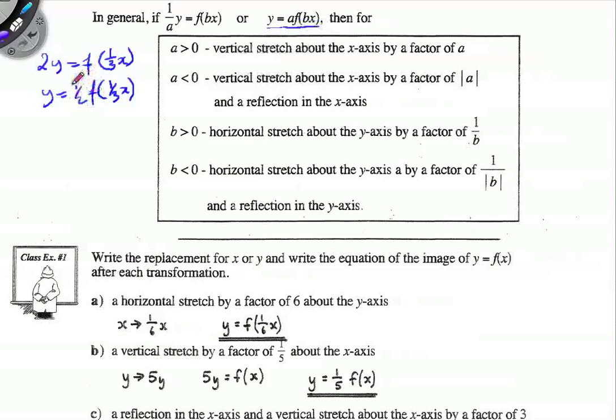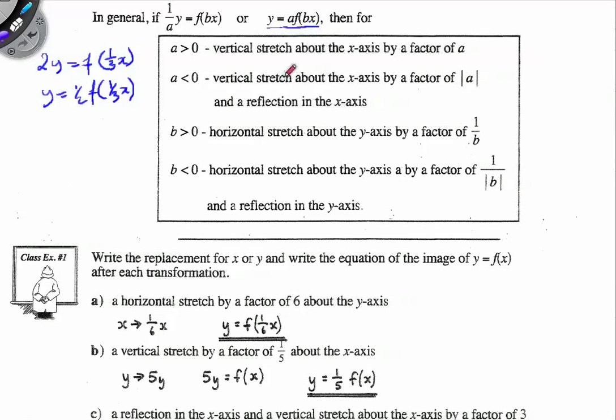So this actually does what you'd expect. It is a vertical, but it's by a factor of 1/2, so it's a compression. You're compressing it by 1/2. This, because it's beside the variable, does opposite to what you'd expect. It is an expansion by a factor of 3, horizontal. Okay, so that's what this is explaining.